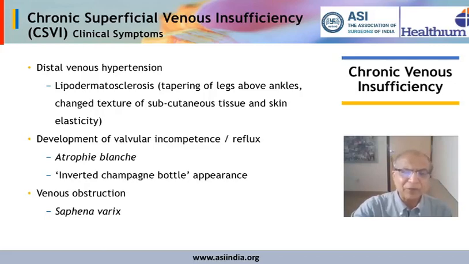The development of valvular incompetence and reflux results in atrophie blanche, and venous obstruction and incompetent perforators lead to a condition known as saphenous varix, where you find a lump of veins that get together and kind of shrivel up.